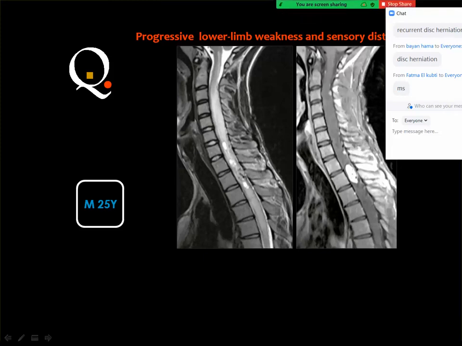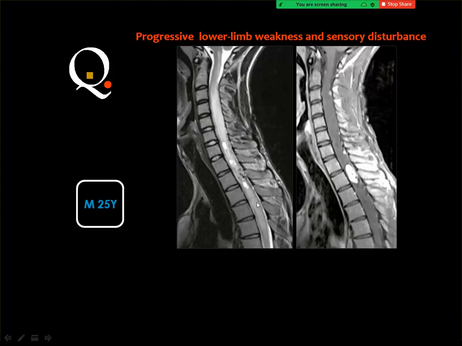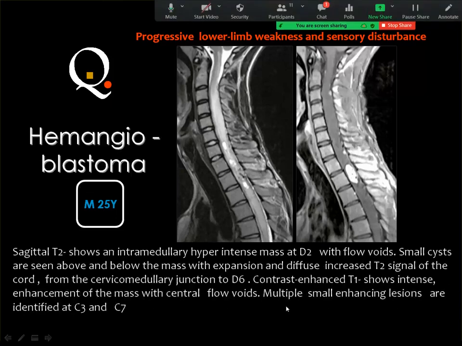If you look carefully for this T2 weighted image, you can see some signal void patent vessels in the larger lesion, and this may lead you to suspect that this is hemangioblastoma.